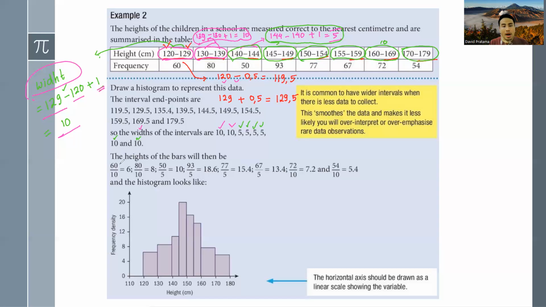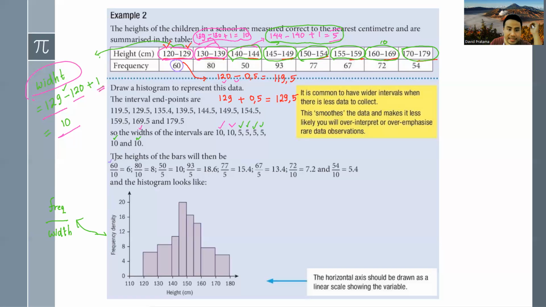So we need to find the frequency density. The formula is frequency divided by width. What is the frequency? The first one is 60.